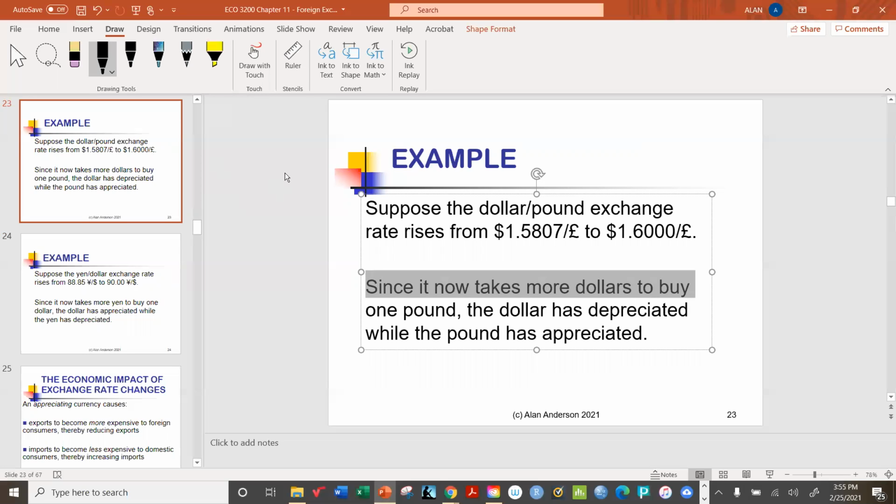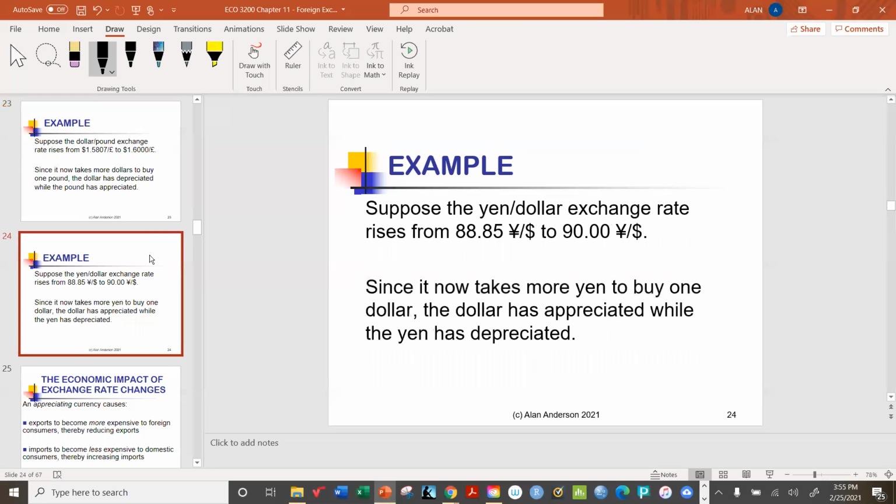All right, now let's try another example of this. Let's look at the yen and the dollar. Now here we're looking at the yen per dollar exchange rate, which, as you know, is typically quoted as so many yen per dollar. Here, all of a sudden, we went from 88.85 all the way up to 90.